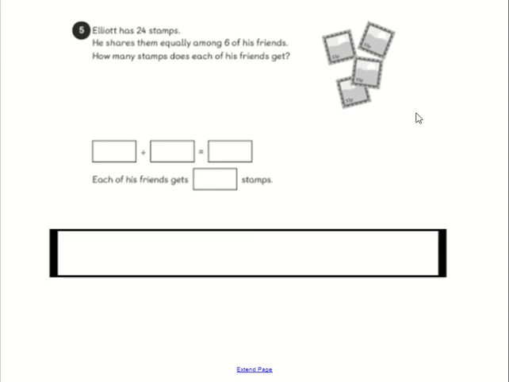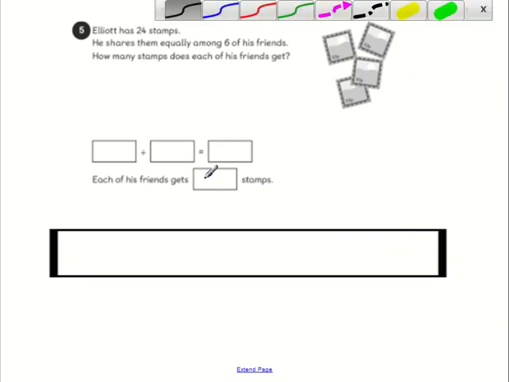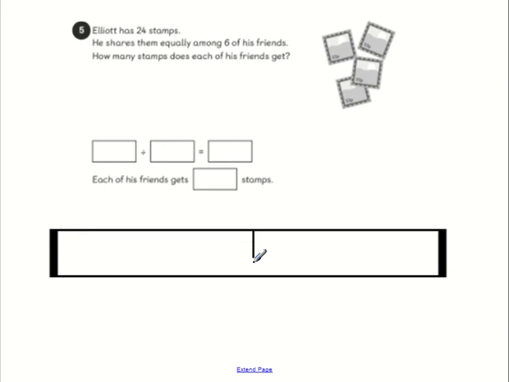Okay, so here is my bar model. How many friends is he splitting these stamps between? 6. So I need to divide my bar model into 6, hopefully equal parts, but it's quite difficult, isn't it, to draw them equally, but we aim to get them all equal because we want them to get the same amount of stamps each.